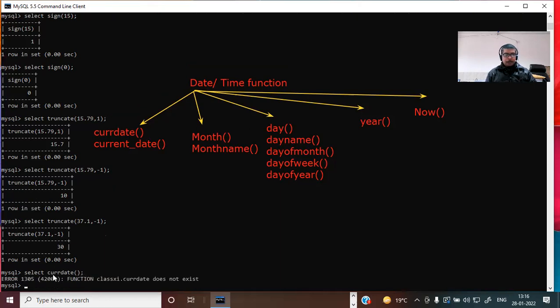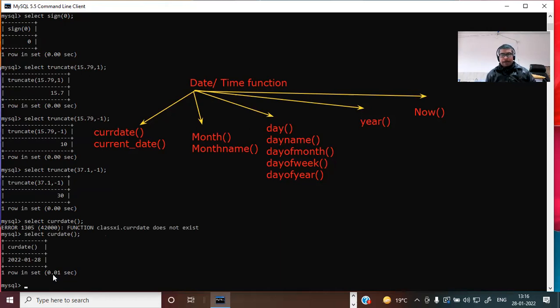You can see today's date in my system, the current date is 28 January 2022. The same function is done by this and this.